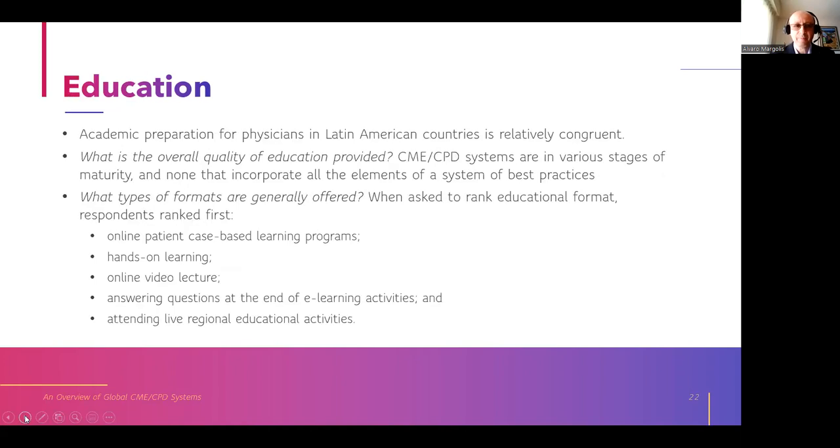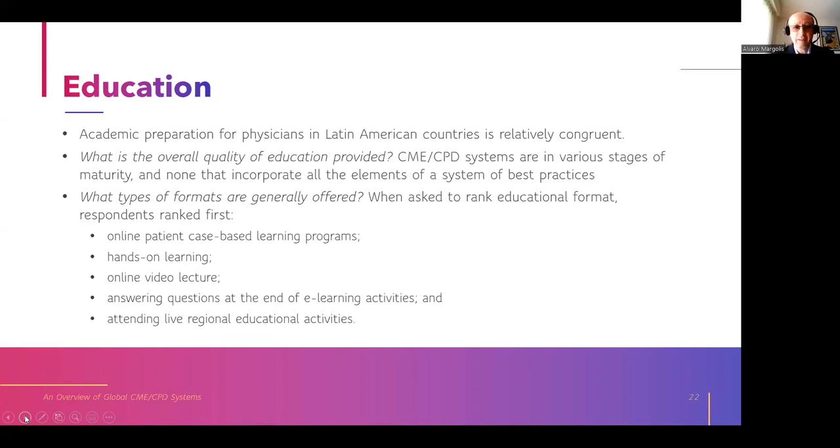Next slide, please. Regarding education, academic preparation for physicians and for specialists in Latin America is relatively congruent. So it is well formalized, unlike CME CPD systems. And the overall quality of the education provided in CME and CPD varies, because systems are in various stages of maturity, they don't necessarily incorporate all the elements of a system for best practices that Kathy mentioned at the beginning of the talk.